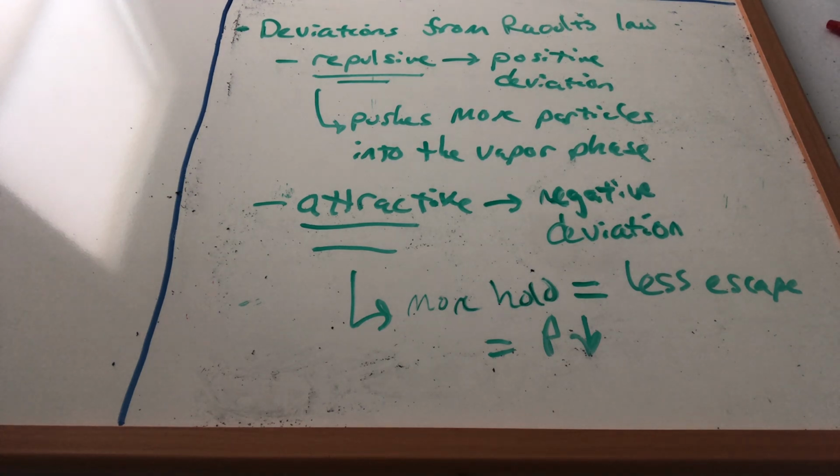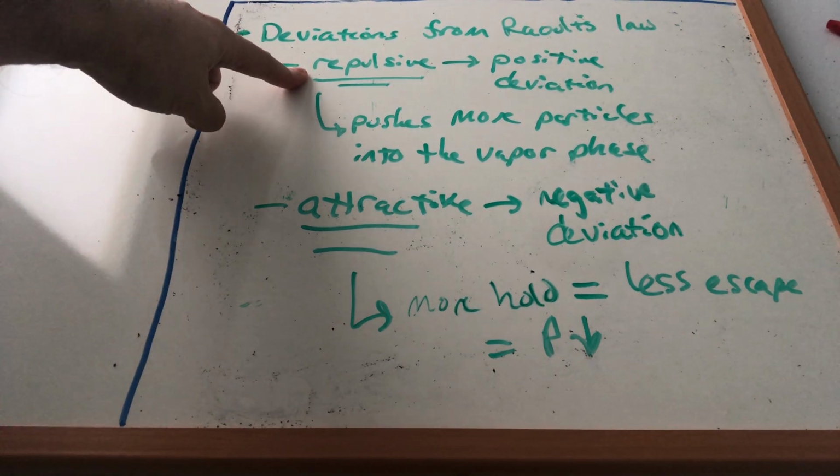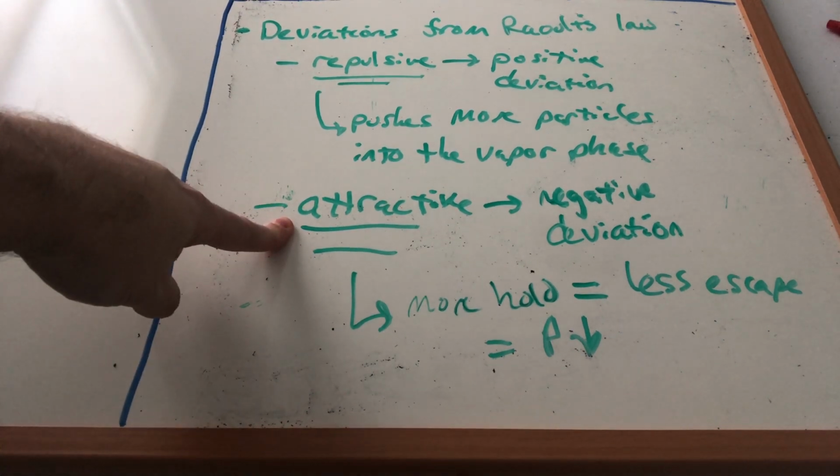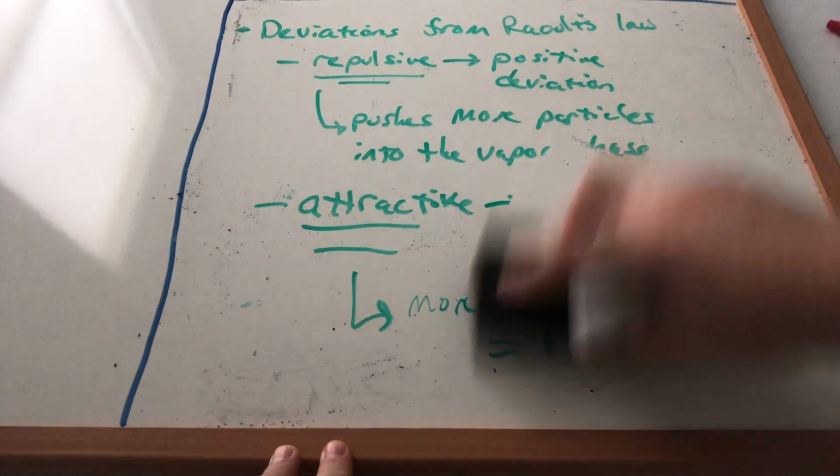It's really actually hard to make an ideal solution, but Raoult's law is our standard for what an ideal solution is. So it's important to know when we'll have it and when we won't have it, and whether we're going to see more vapor pressure because of a repulsive interaction that was introduced, or less vapor pressure because of an attractive interaction that was introduced.